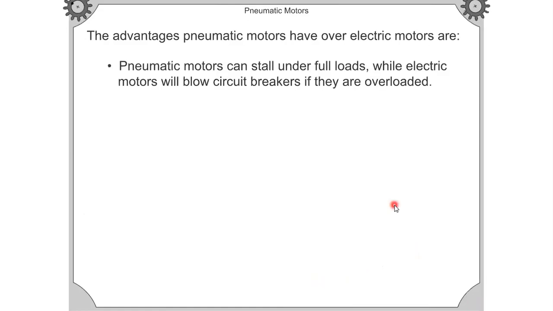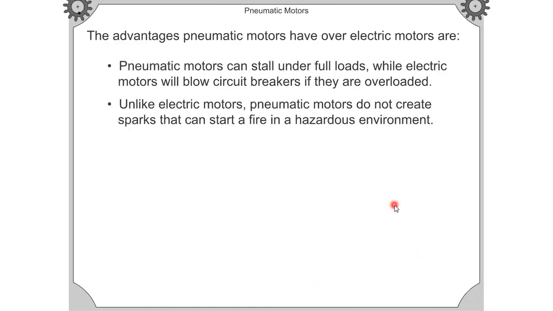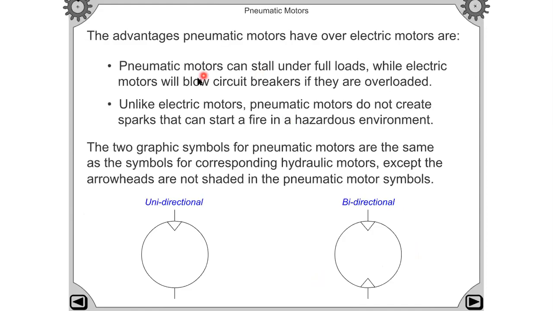What are the advantages of pneumatic motors over electric motors? Pneumatic motors can stall under full loads, while electric motors will blow the circuit breakers if they are overloaded.